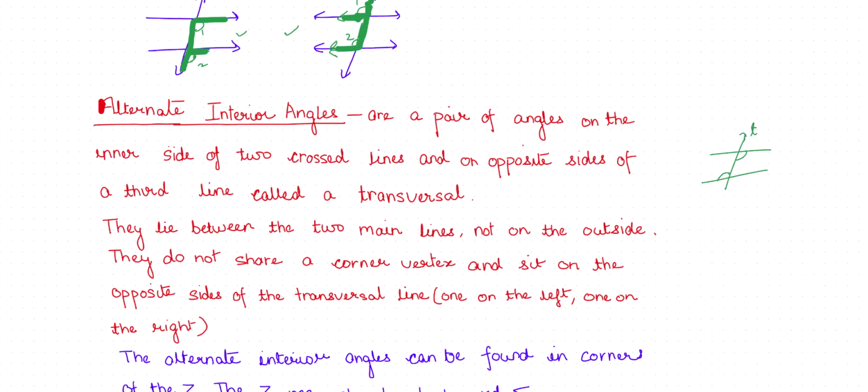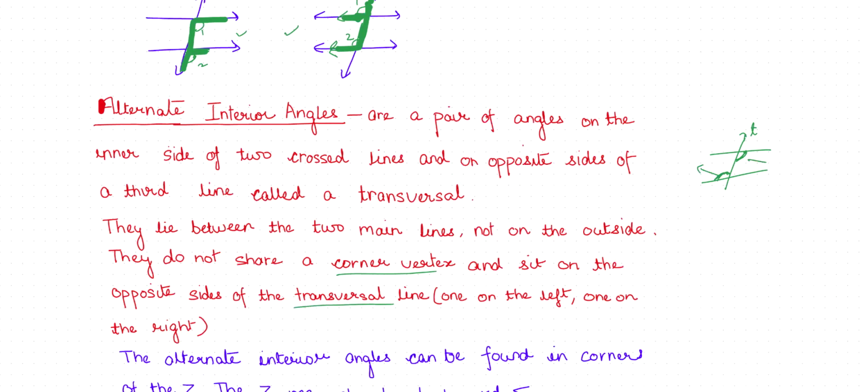And they lie between the two main lines, not outside. They are interior. We can see here they are at the interior. And they do not share a corner vertex. And they sit on the opposite sides of the transversal line. Like one is on the left, like here, and one is on the right.